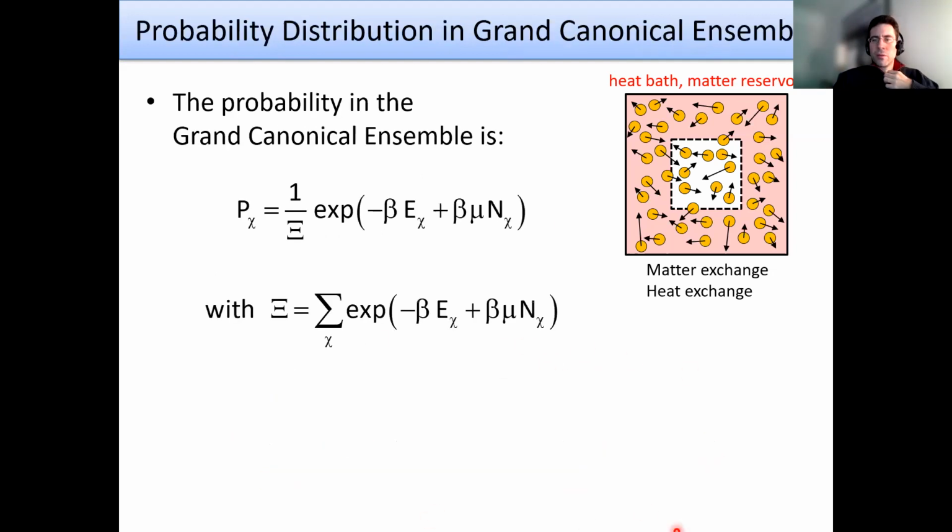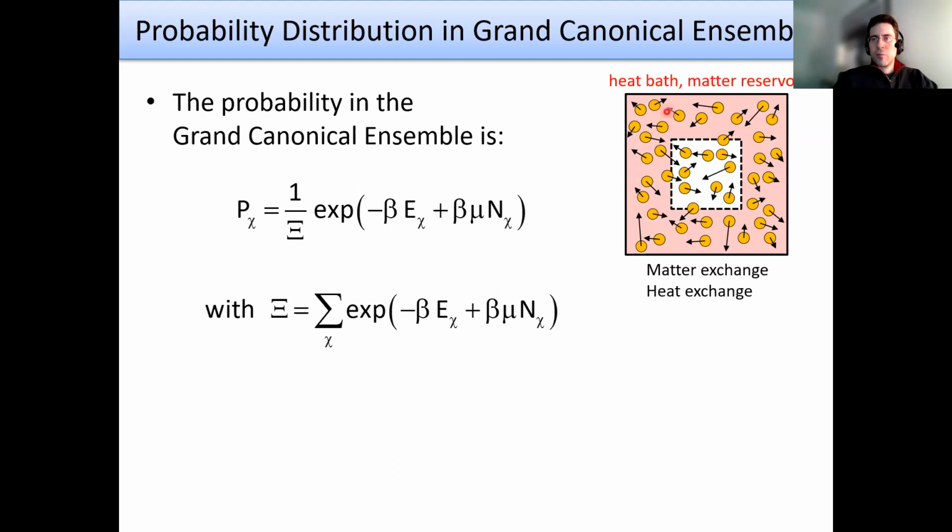And if we do that, we're going to show that the probability of visiting a state in the grand canonical ensemble is equal to 1 over xi. This is the Greek letter xi, which is the grand canonical partition function, times e to the minus beta times E chi. This term we already saw previously in the canonical ensemble, but now there is another term, plus beta times nu, the chemical potential that we know, right?